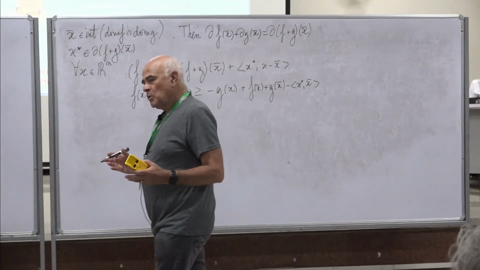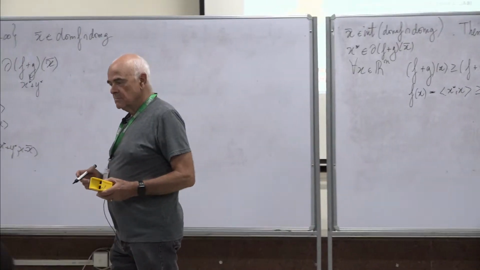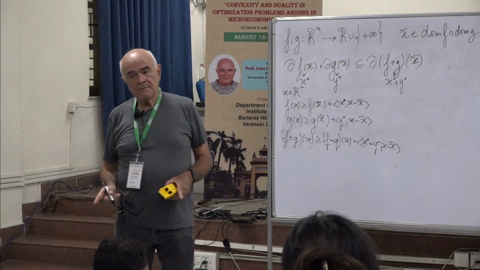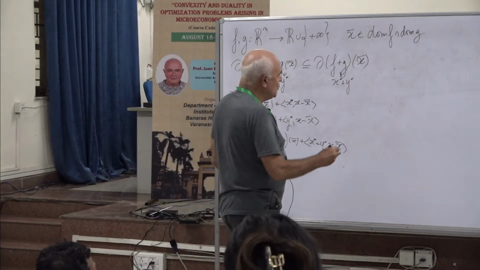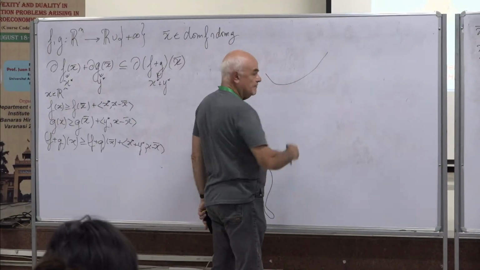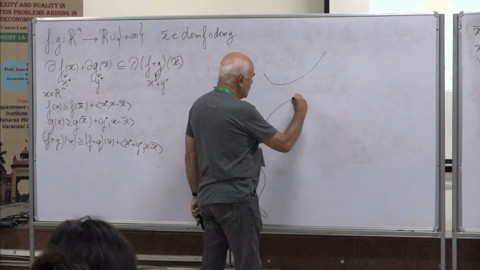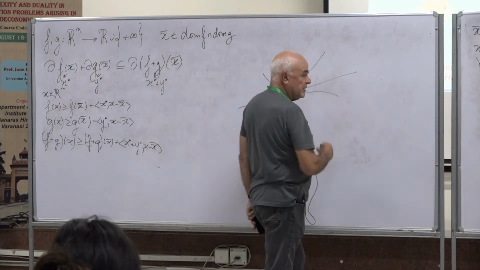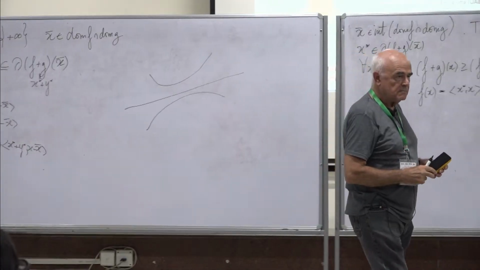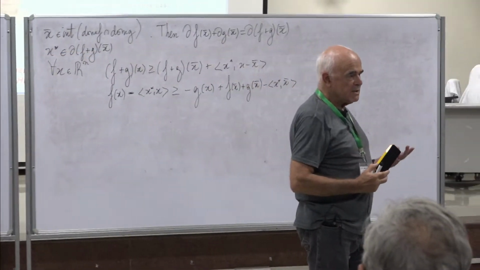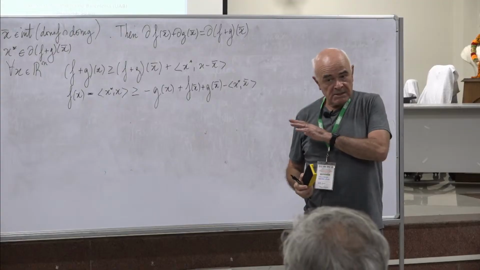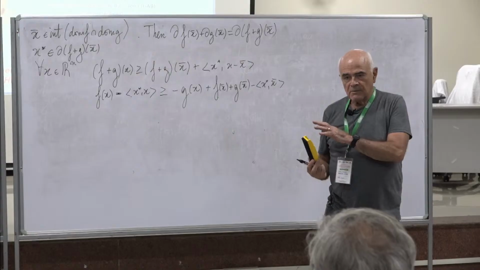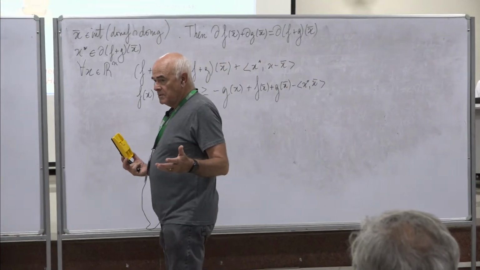There is the so-called sandwich theorem, which is not true in the way I'm going to state it, which says that if you have a convex function and a concave function below it, there is an intermediate affine function. This is almost immediate. This is wrong in the way I stated it. Okay? And I will give a counterexample.